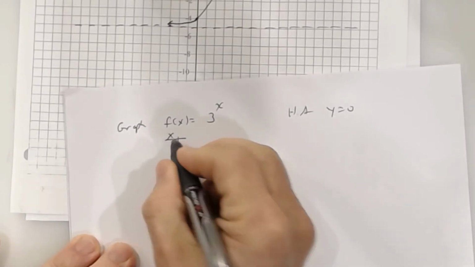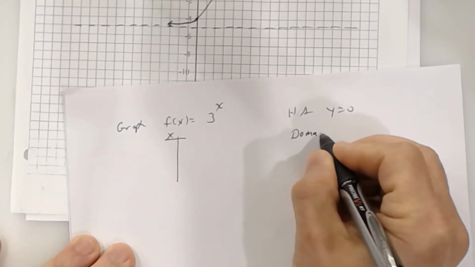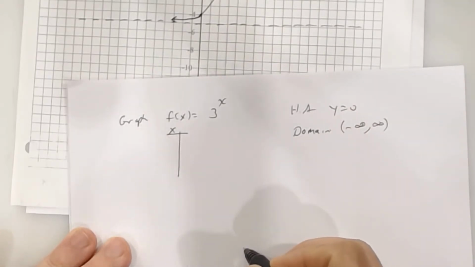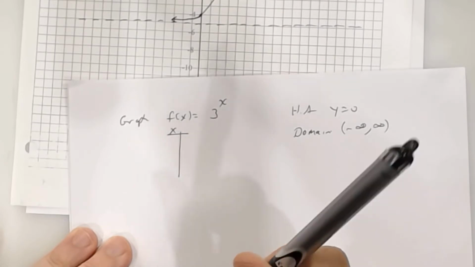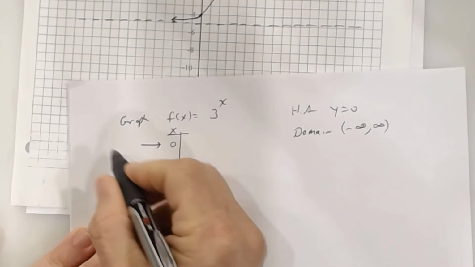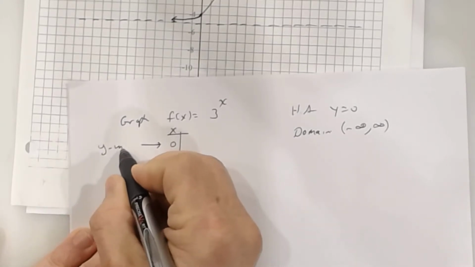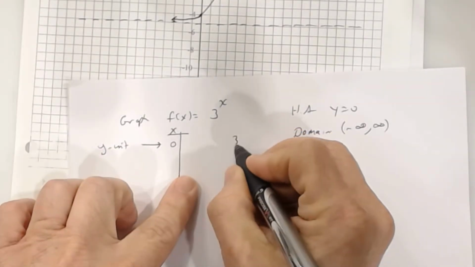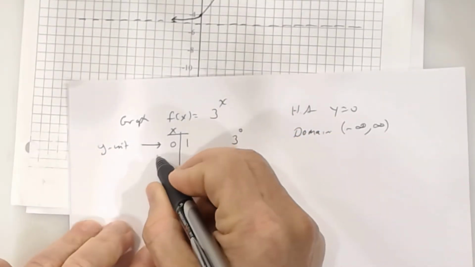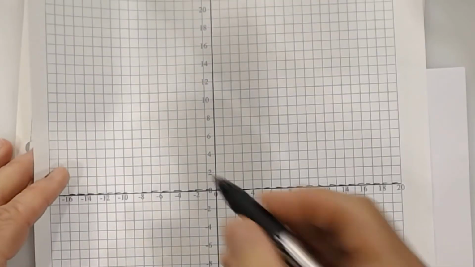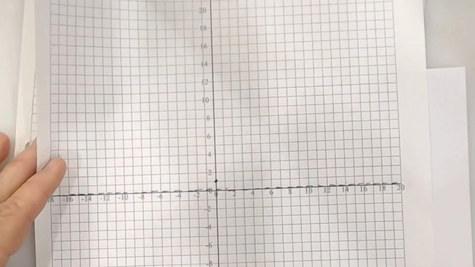Since the domain is all real numbers, negative infinity to infinity, x equals 0 is in that domain. So when I let x be equal to 0, what am I finding? The y-intercept. If x is 0, what's 3 to the 0? 1. So my y-intercept is the ordered pair (0, 1), right here.